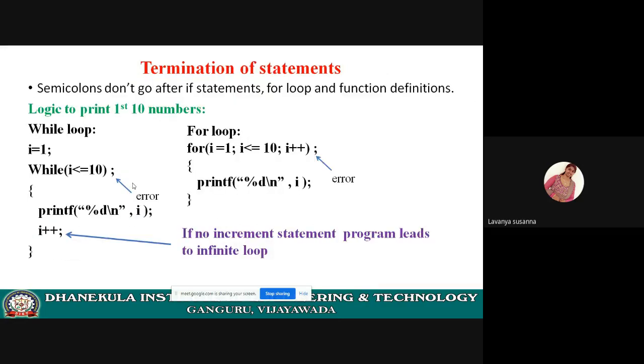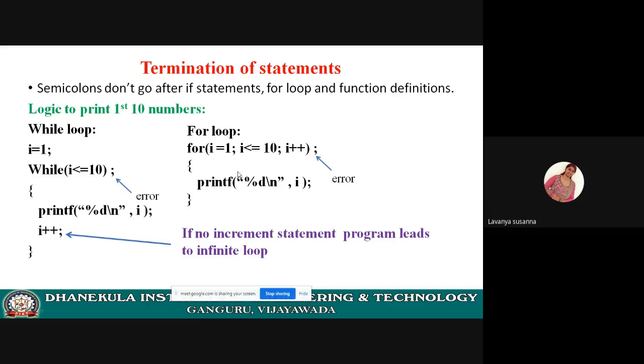Next, termination of statement. As I said, in C language each and every statement must end with a semicolon. But remember, for control statements like if, if else, while, for loop, do while, you should not use semicolons.